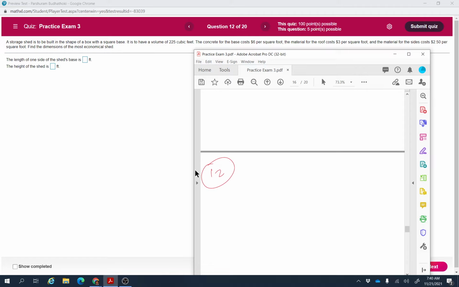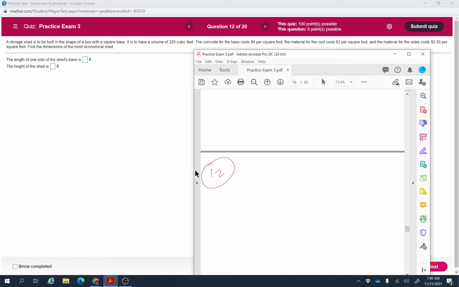It is to have a volume of 225 cubic feet. The concrete for the base costs $6 per square foot. The material for the roof costs $3 per square foot, and the material for the sides costs $2.50 per square foot. Find the dimensions of the most economical shed.